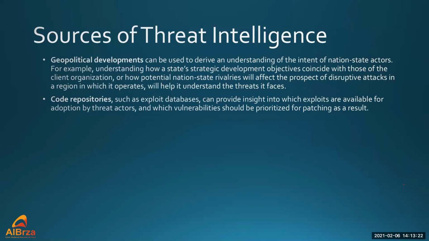Code repositories. So monitoring exploit databases, monitoring GitHub, monitoring similar repositories where red teamers, security researchers, or even threat actors and hackers post and share and publish the latest exploits and hacking tools. They even share the source code.